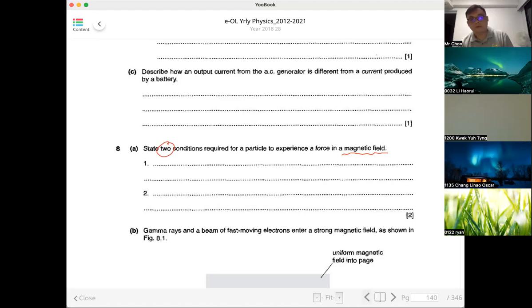Okay, Ryan, well done. What is your second condition? Ryan, you are actually correct.